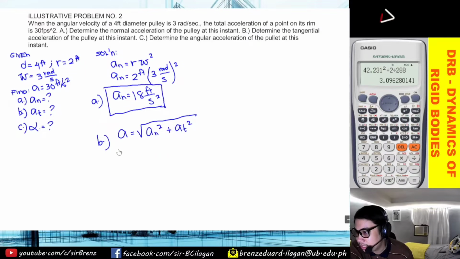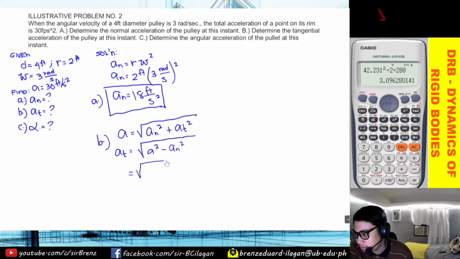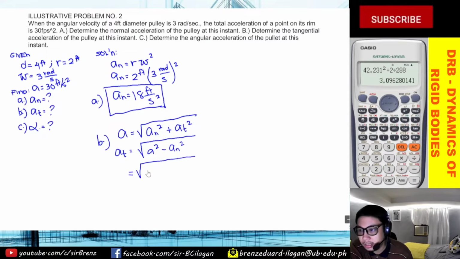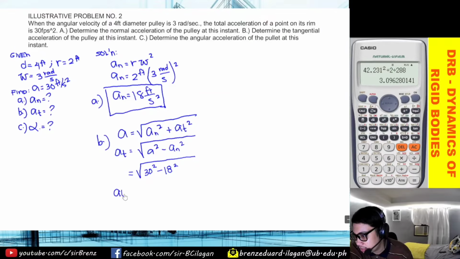So to solve for the tangential, that is equals lang sa square root ng a squared minus a_n squared. So that is square root of 30 squared minus 18 squared. So what will be the answer for this?